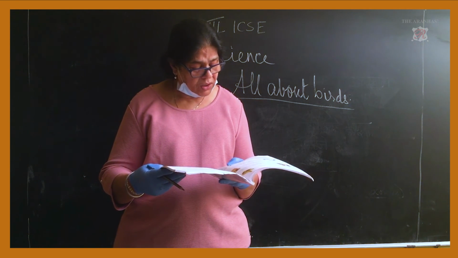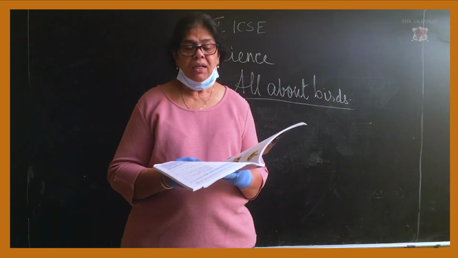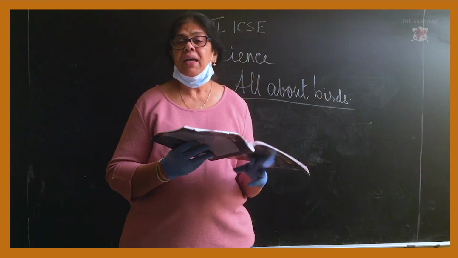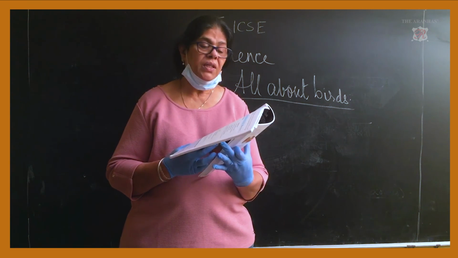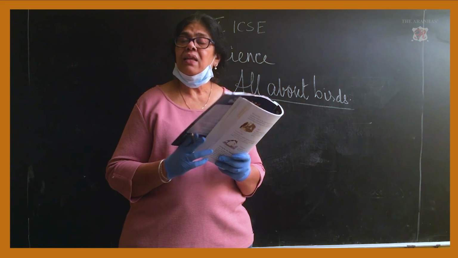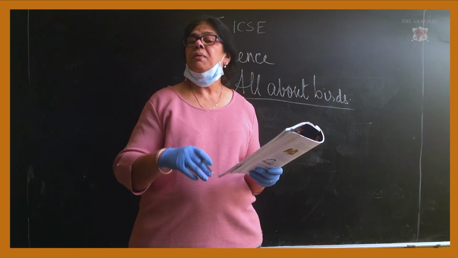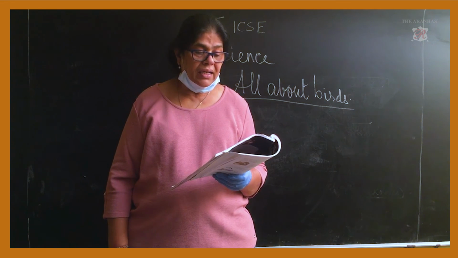Once the chicks grow into birds, which is quite fast, they soon fly away and learn to fend for themselves. They learn to look after themselves. And the parent birds leave that nest and fly away, and they start building another nest for the time when the eggs are to be laid.